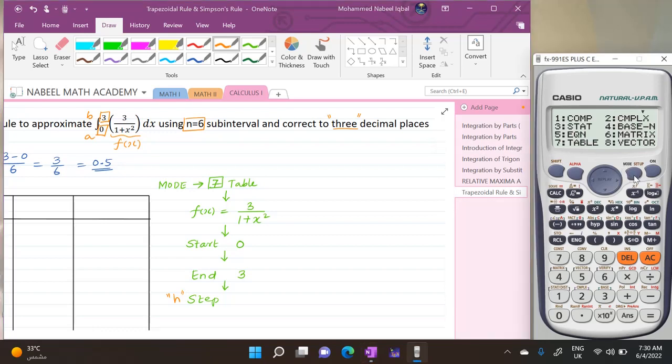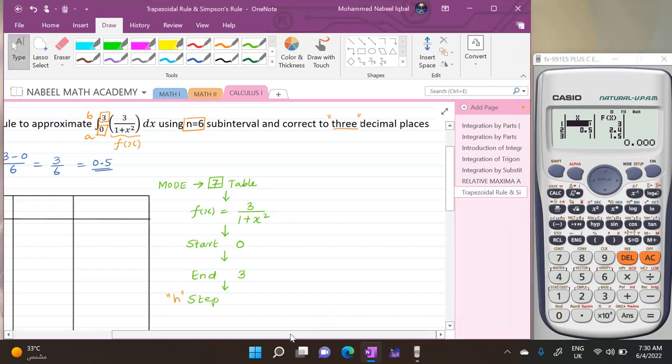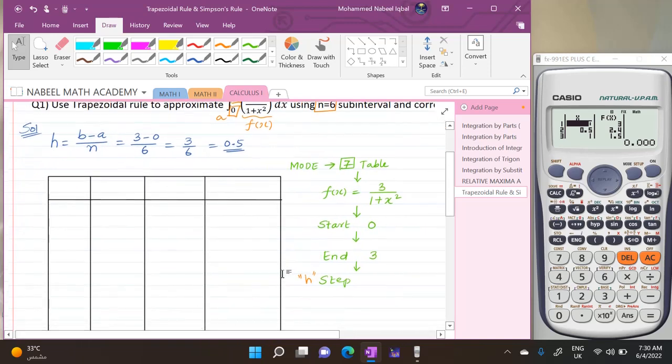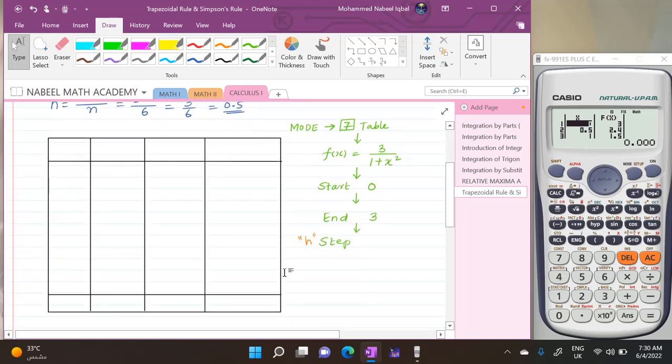So just press shift mode. You will have a Fix option here. To fix the function, press shift plus mode, then 6, so I get 3 decimal places. After that, just press equal. So this is the function. Now I copy the values from the calculator.